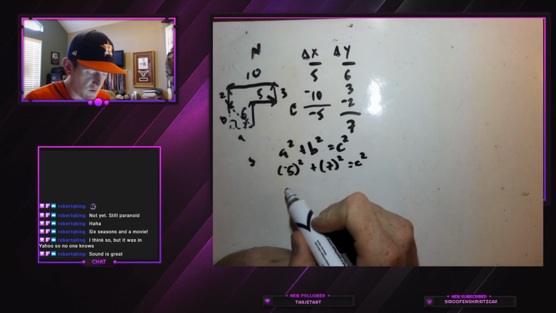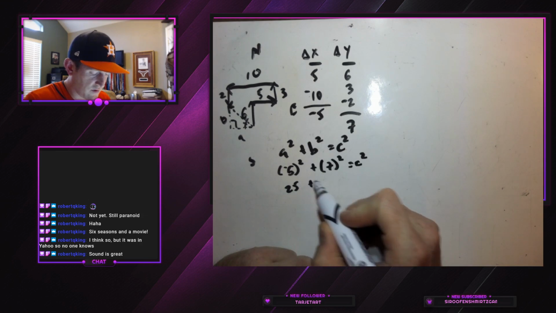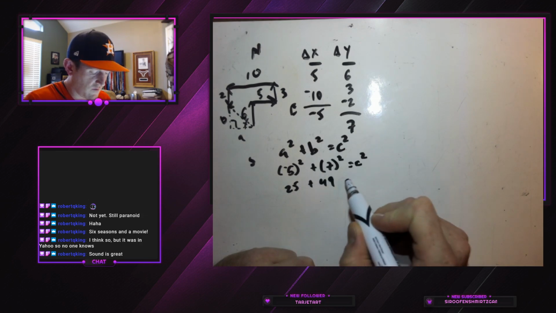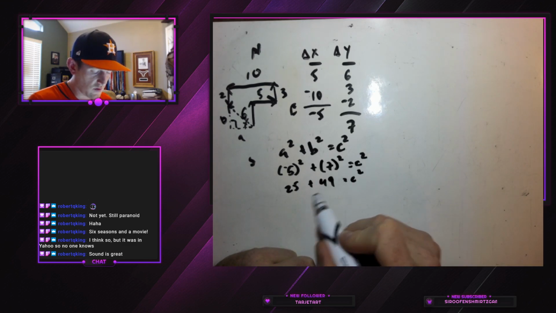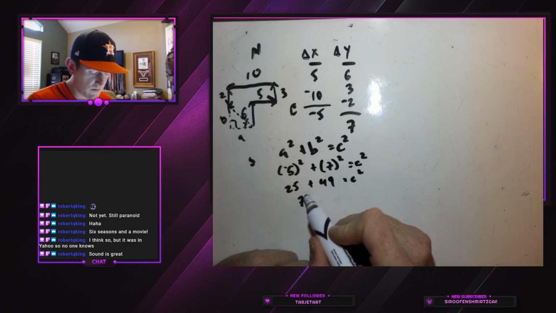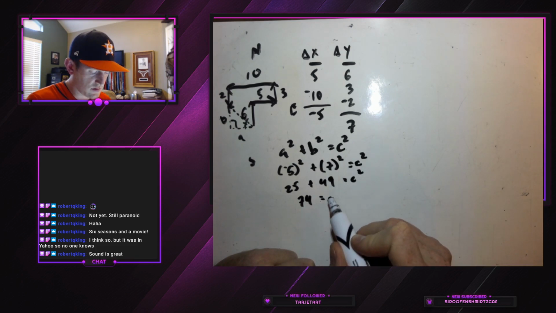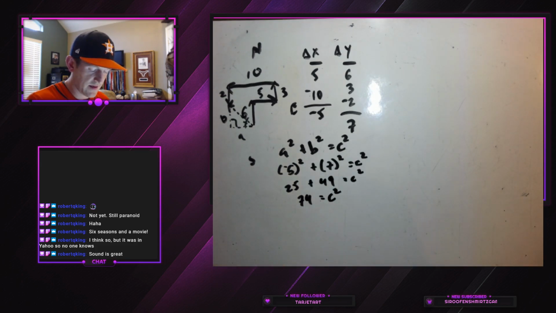Okay, so negative 5 squared is 25 plus 7 squared, which is 49, equals c squared. So 74 equals c squared. Okay, so 6 squared is 36, 9 squared is 81, and 8 squared is 64.